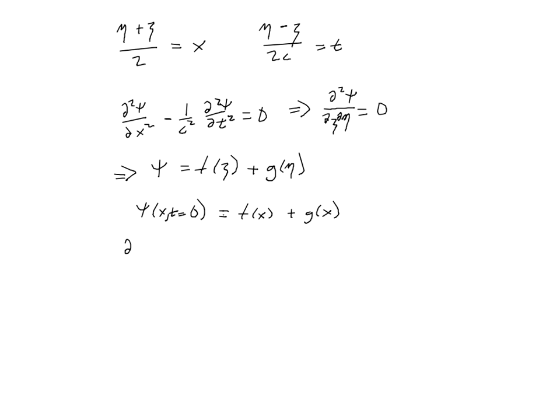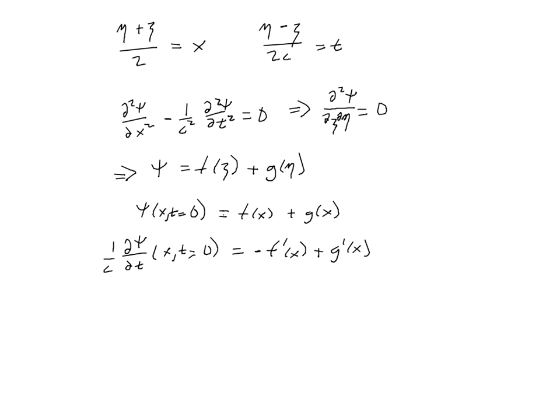And if I take the time derivative of that and multiply by 1 over c, at t equals 0, I get minus f prime of x plus g prime of x.